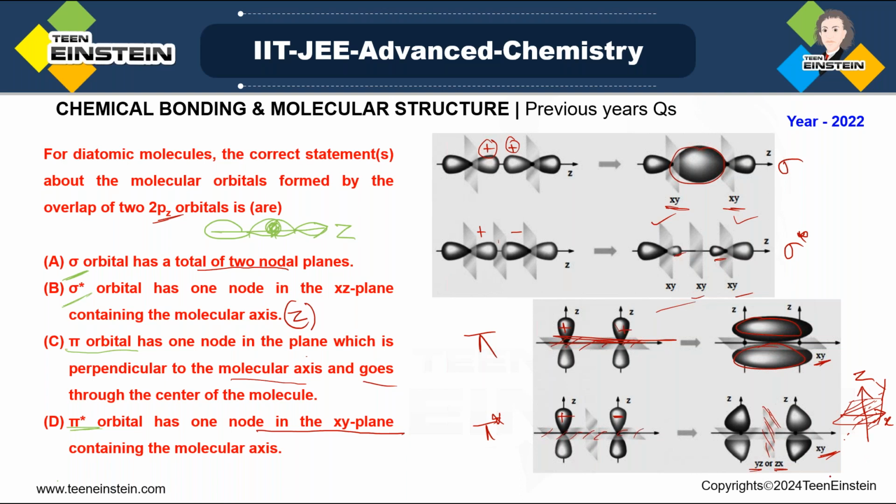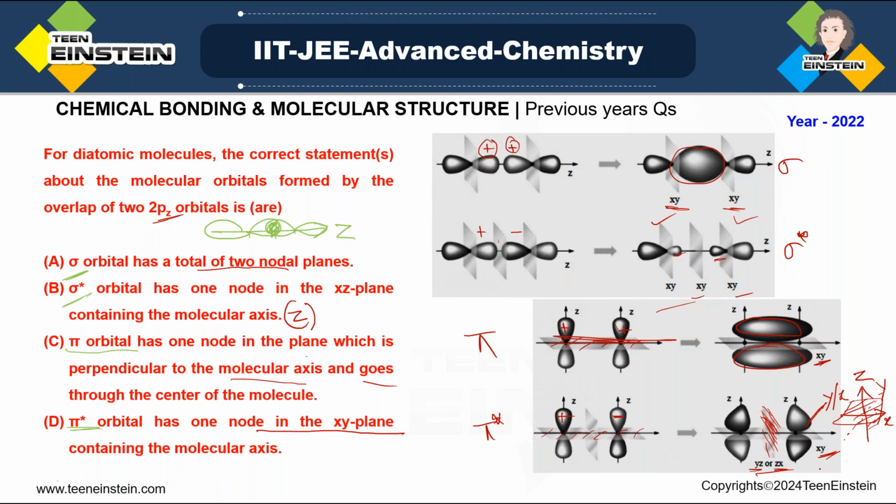Both these planes will be perpendicular to xy, right? Now if I am writing y like this, then this plane should be the yz plane or zy plane. Okay, and if you consider this axis as x, then this plane will be zx. So that is why it is written here either yz or zx.